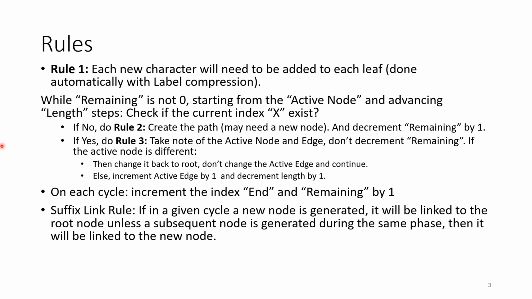If in a given cycle a new node is generated, it will be linked to the root node, unless a subsequent node is generated during the same phase, then it will be linked to the new node. So once we make a new node, we'll point it to root. Then if we continue the algorithm in the same loop and make another node, we'll fix the previous one to point to the new one instead of root, and then point the new one to root.